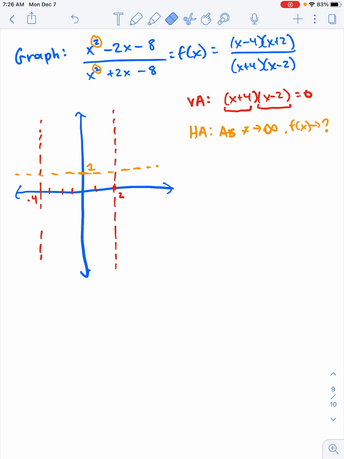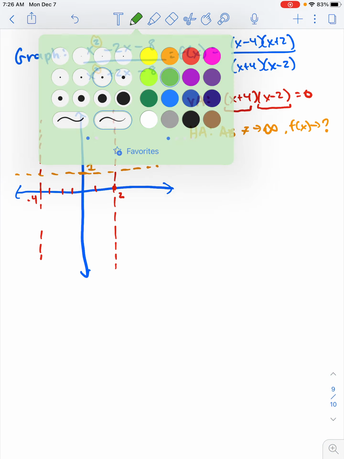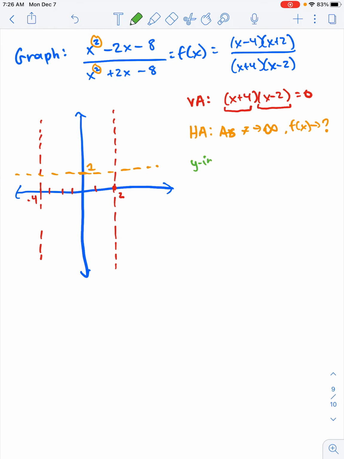Okay. Now I'm going to start looking for points, and I'm going to start with my y-intercept. What happens when x is 0? I would have negative 4 times 2 over 4 times negative 2, which is going to equal 1. So my y-intercept is going to equal 1.